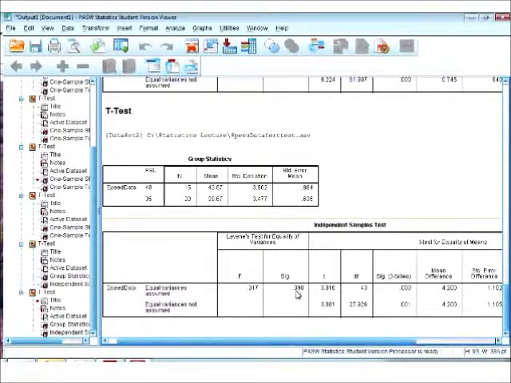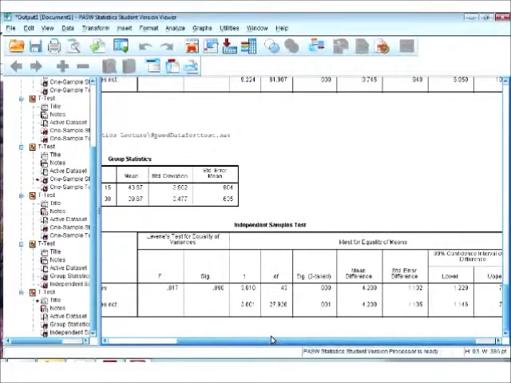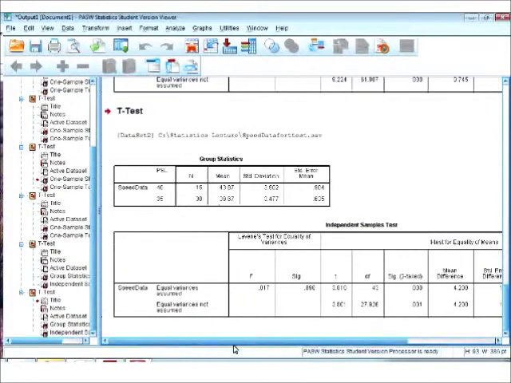Since the significance value of Levene's test is greater than 0.05, we'll stick with equal variances assumed, and we'll consider the significance, or the p-value, here. Again, the p-value of 0.0 is less than our significance level of 0.01. So we reject the null hypothesis that the speeds under these two categories are the same. The speeds under these two categories are not the same. So our null hypothesis is rejected in favor of the alternative hypothesis. Clear?